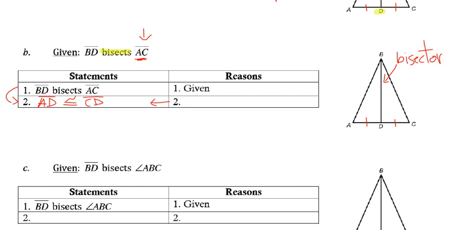So I'm supporting my statement number 2 with the definition of a segment bisector. And so I have everything that I need. I have my diagram marked. I have the conclusion that I get from the given and the reason to justify my conclusion.